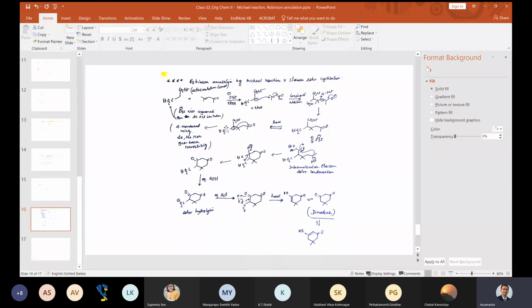This proton will be picked up to form this negative charge. But this negative charge cannot attack this carbonyl center, because in this case it will form a 4-membered ring. So this intermediate has no fate further. So this intermediate will come back here because this is a reversible reaction.